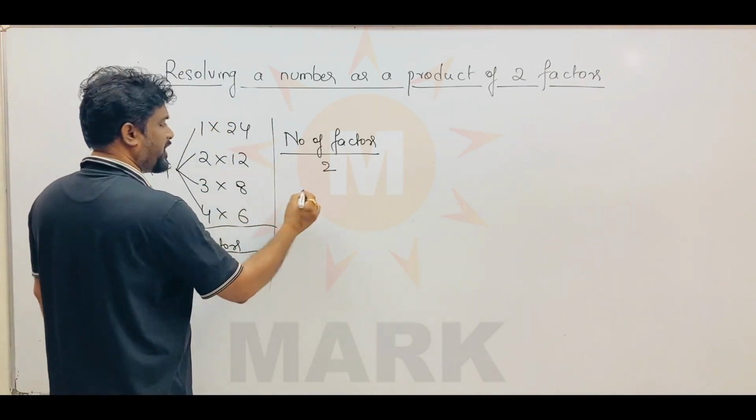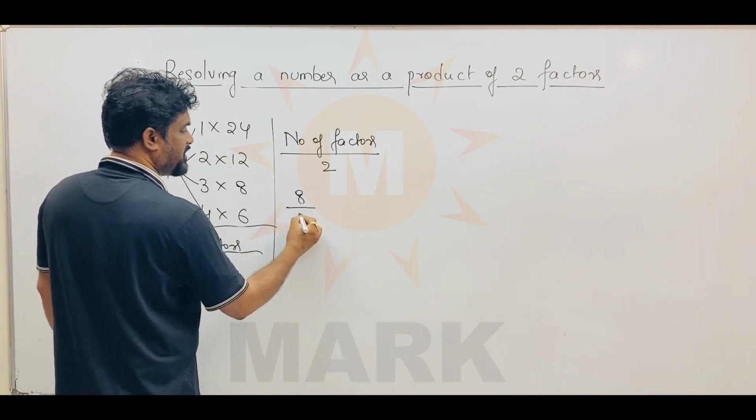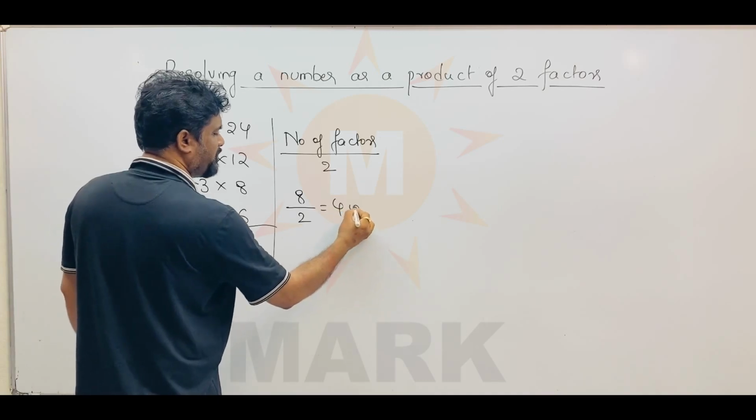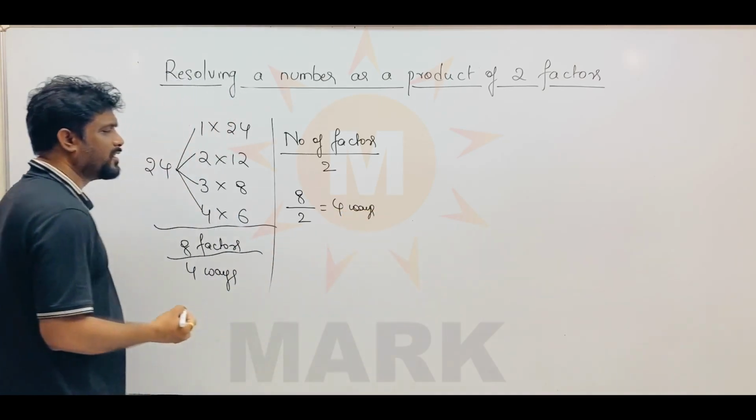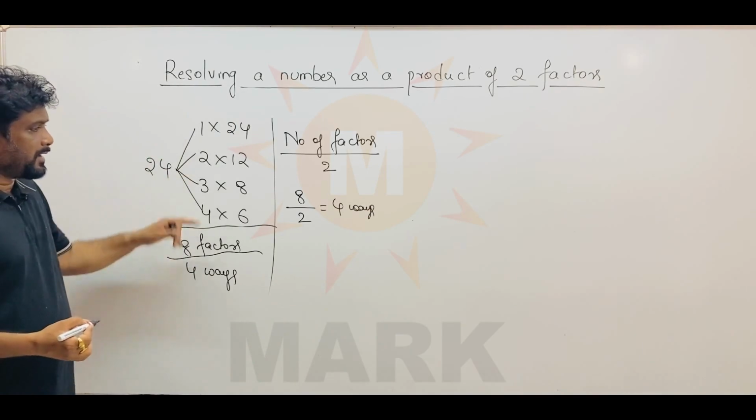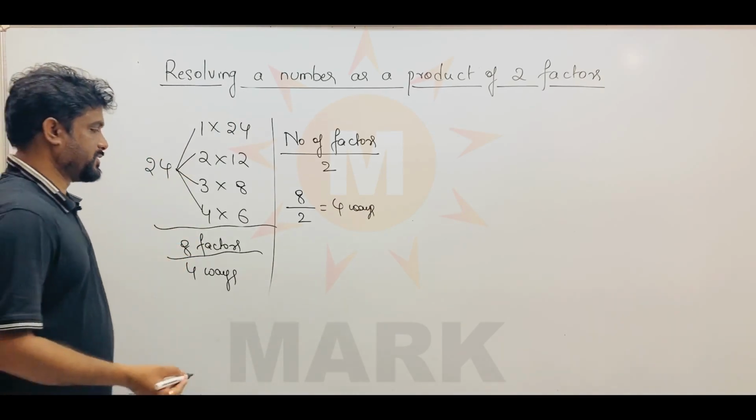That means how many factors are there? 8 are there. So divided by 2, that is nothing but 4. There are 4 ways of writing a number as a product of two numbers, right?